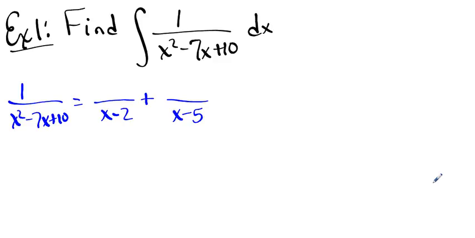I mean, clearly, x squared minus 7x plus 10 factors into x minus 2 and x minus 5. So there is pre-calculus mathematics that we can do that turns the fraction on the left into the sum of fractions on the right.